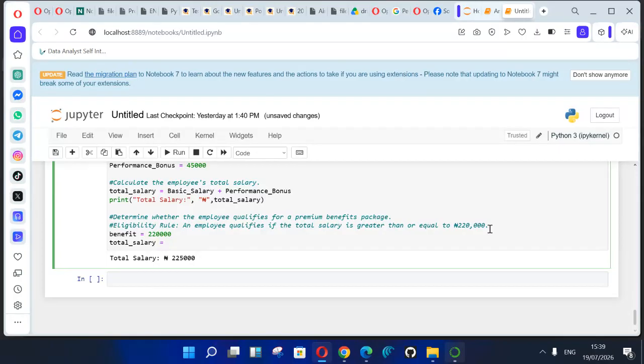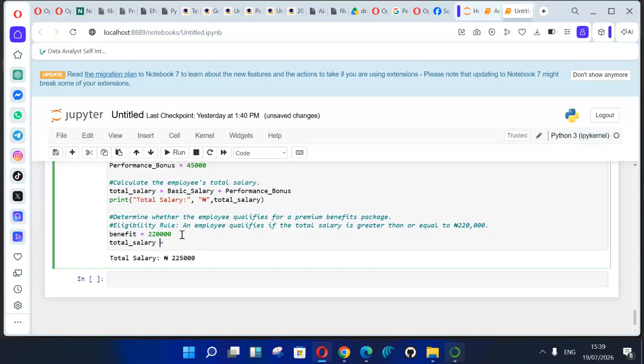If he qualifies, the rule is that an employee qualifies if the total salary is greater than or equal to 220k. We have already given a variable for the package, 220k.